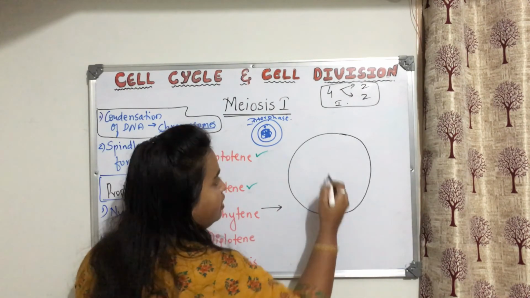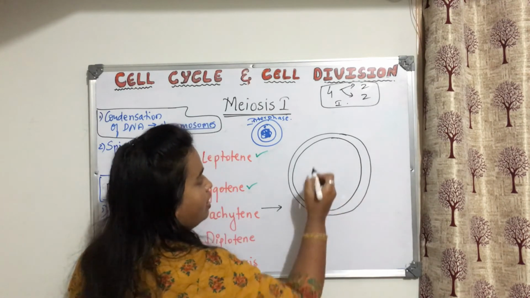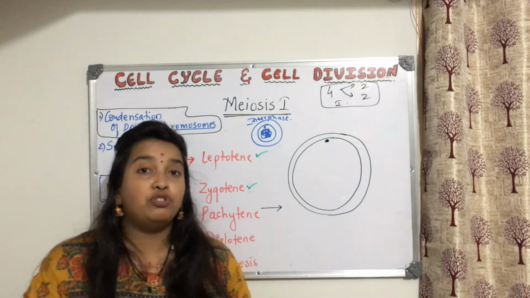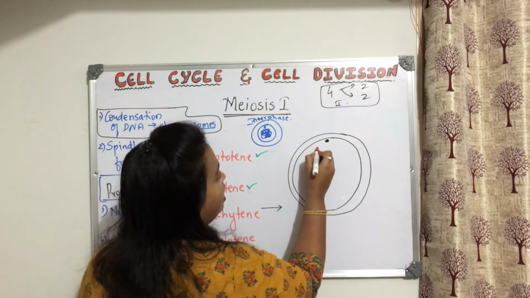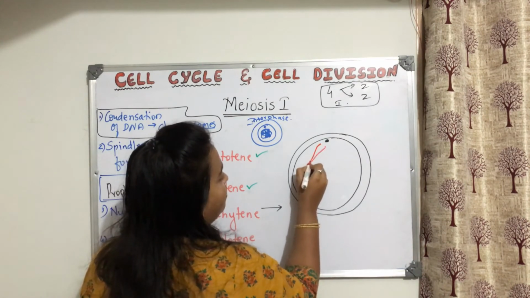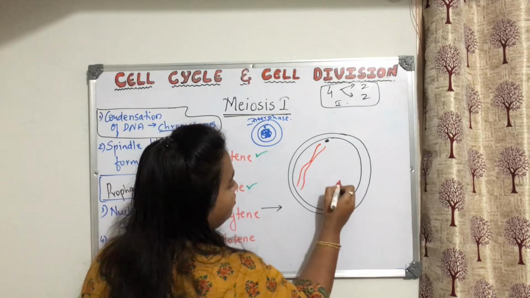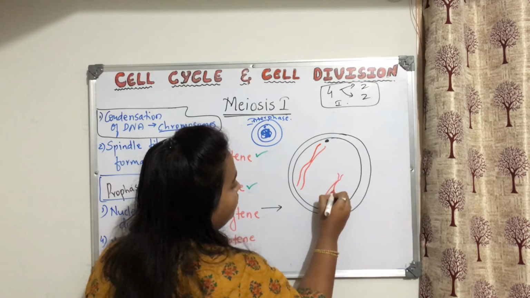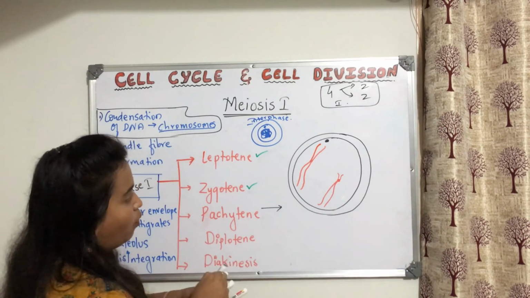Still the nuclear envelope is intact. Still the nucleolus also is intact. Fine. Now what happens in pachytene? Already we have seen that we have the chromosomes together, right? Already we have pairing done. Yes, they have their partners with them now.